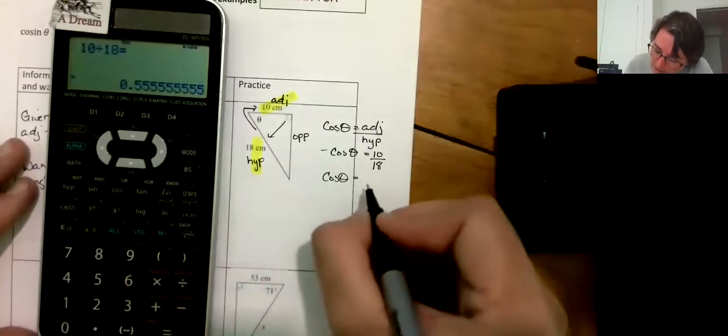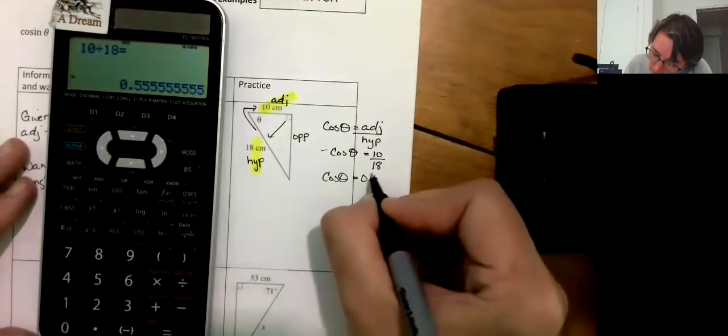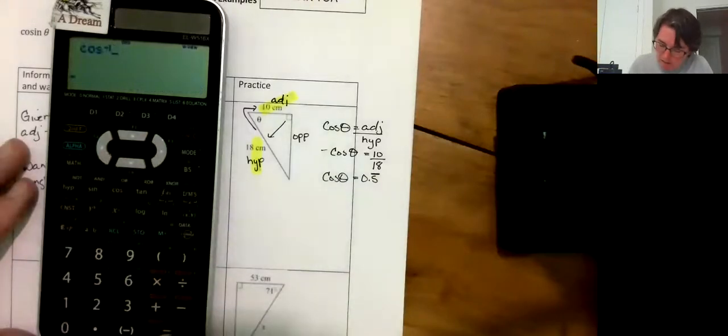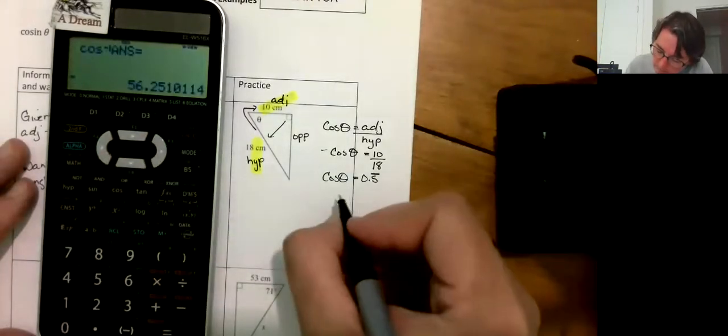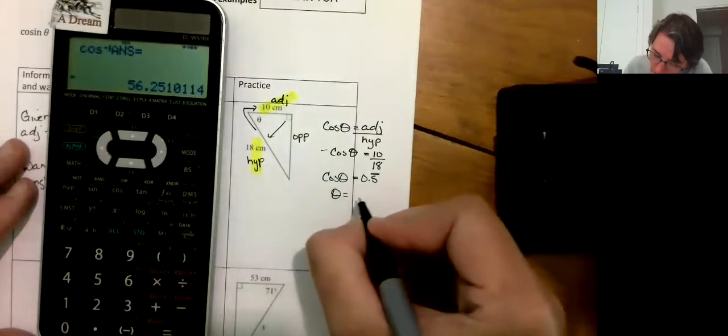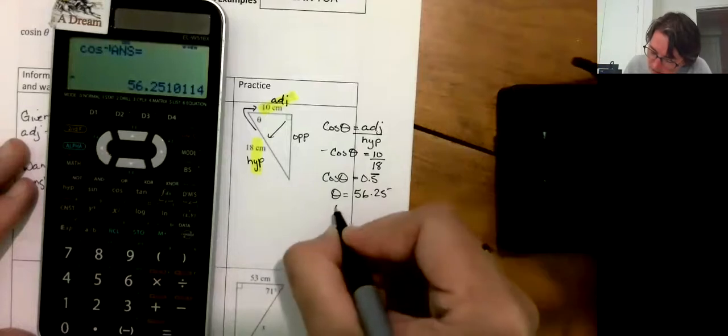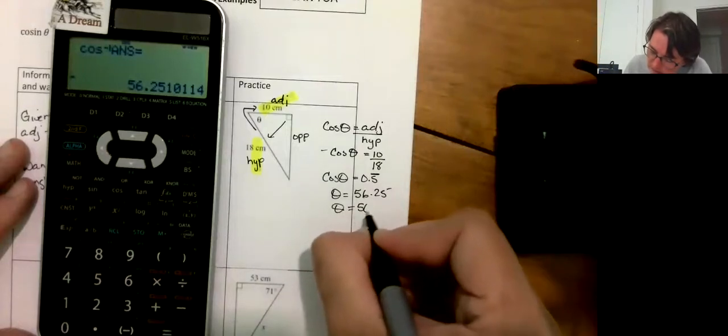Woohoo! It's a good day. 0.5 repeating. I'm just going to use my bar there, and then I go second and cos, and magic. So theta is equal to 56.25, or theta is 56 degrees.